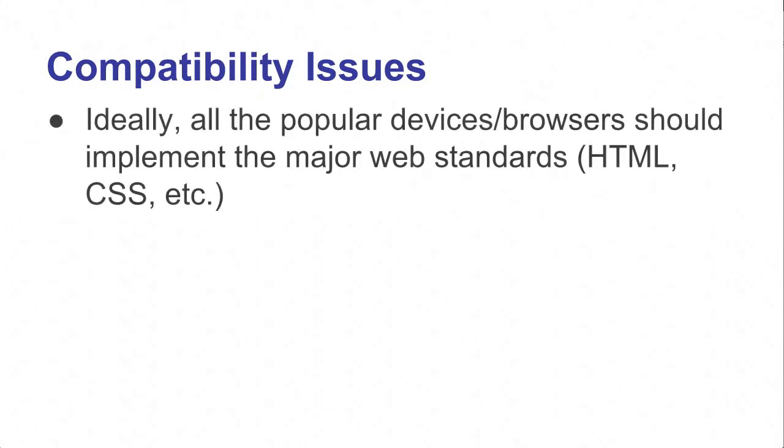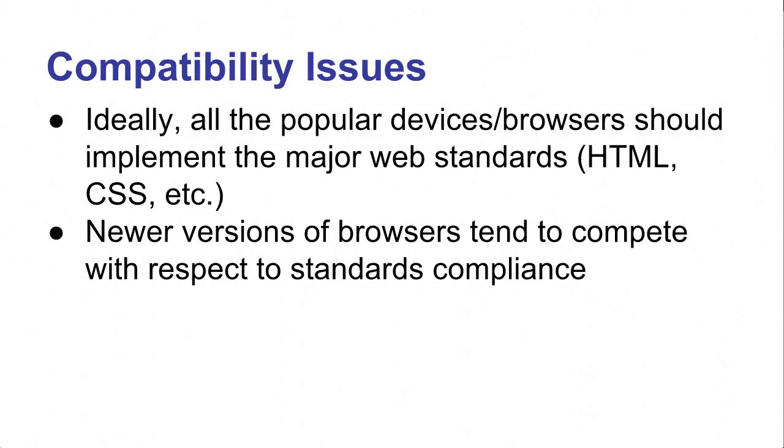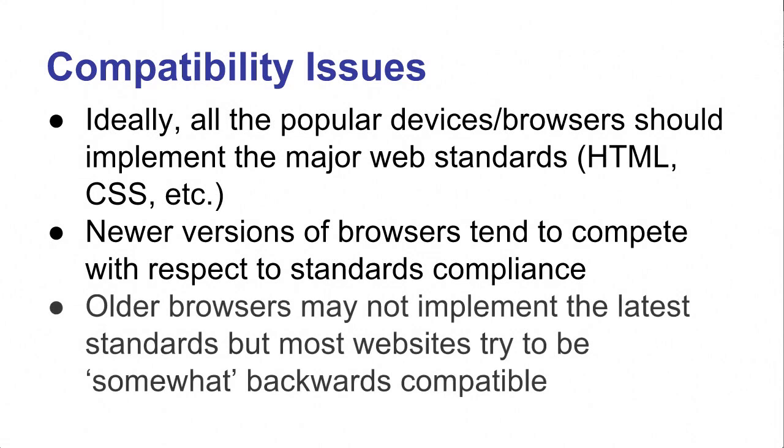Ideally, all devices and browsers should just stick to web standards. In fact, that seems to be the case with many of the newer versions of the popular web browsers. It's actually a good point of pride in market share to be the most compliant browser on the market. However, older browser versions are still in use, with even IE6 from 2001 being used in some corporate environments.